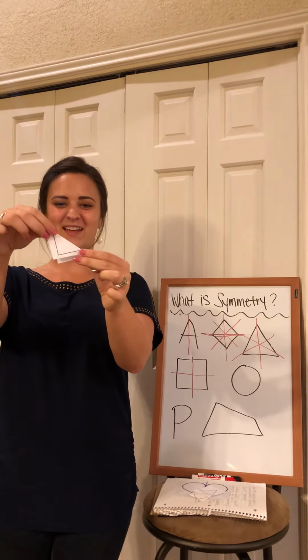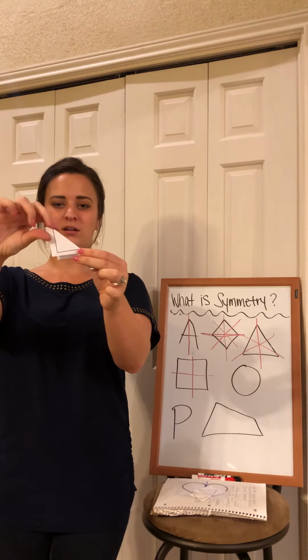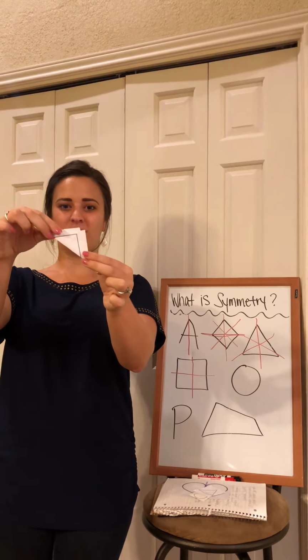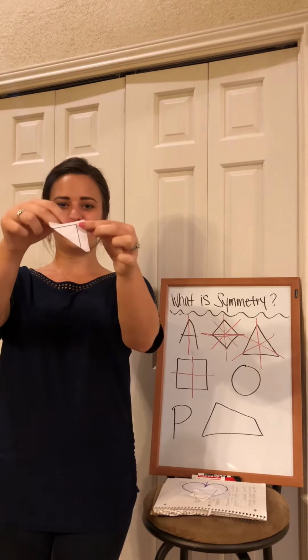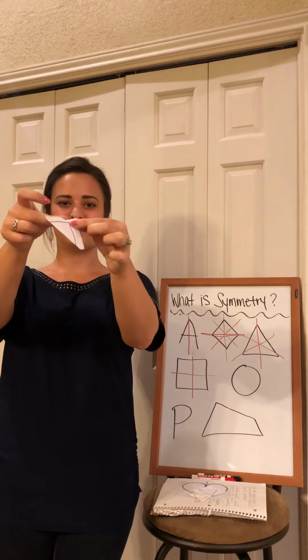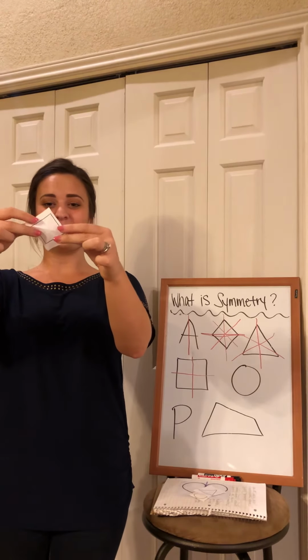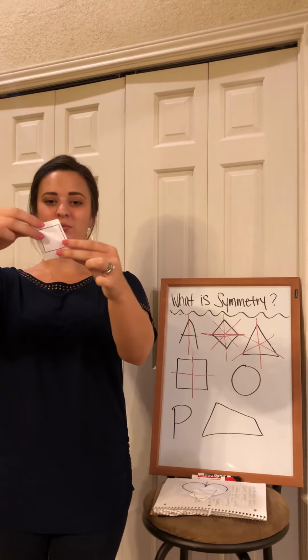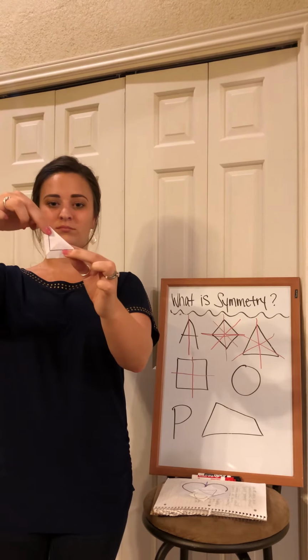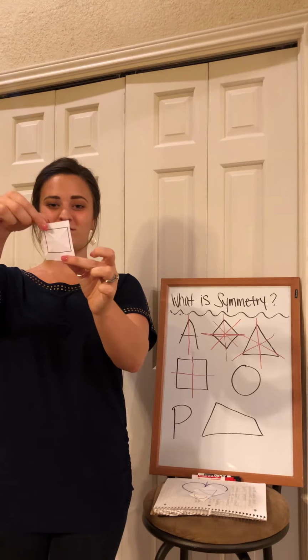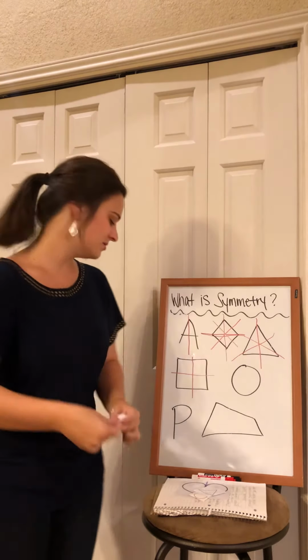Yes, I think so, because I have a triangle here and a triangle here, and it is a mirror image. Perfect, you guys. So I'm gonna go ahead and do the other diagonal way as well. It's a mirror image, right? Yes.